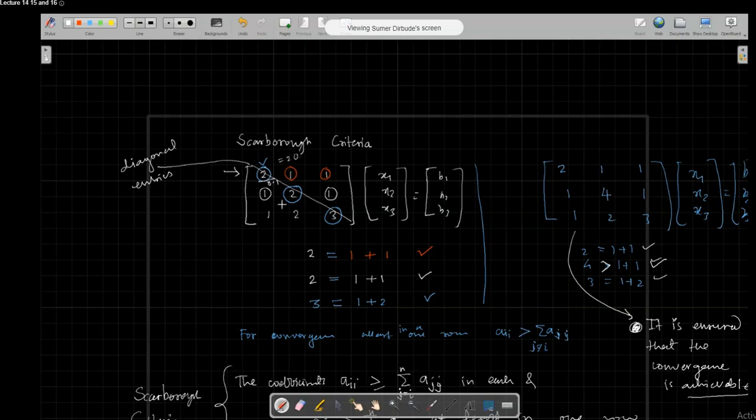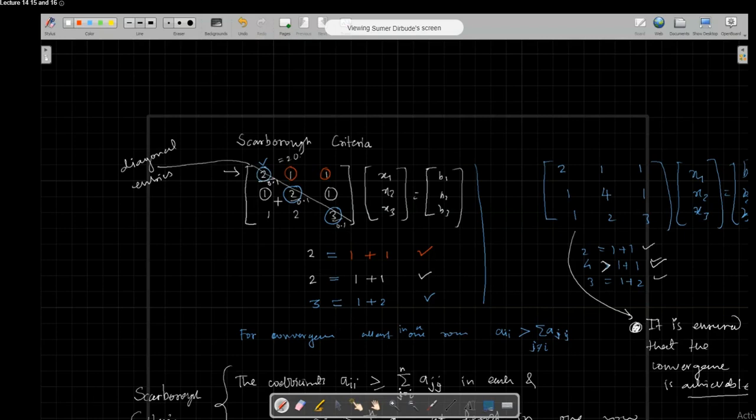Similarly, everywhere if I divide by the same number, you get a large value. So 20 is greater than 1 plus 1, and 30 is greater than 1 plus 2.